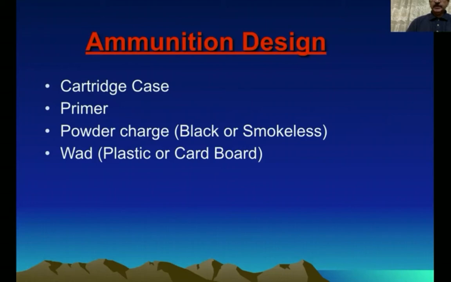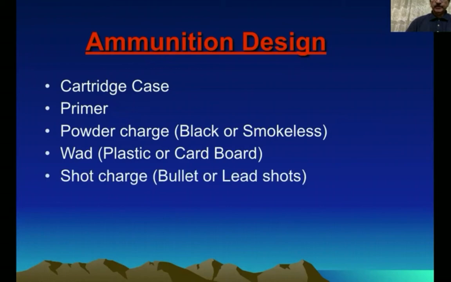These wads travel within the barrel like piston, and they make the pellets to remain compact for longer distance when they exit the barrel. So wads are basically in smoothbore weapons. And then the main charge, the shot charge, which is bullet in case of rifled weapons, and pellets or lead shots in case of smoothbore weapons.